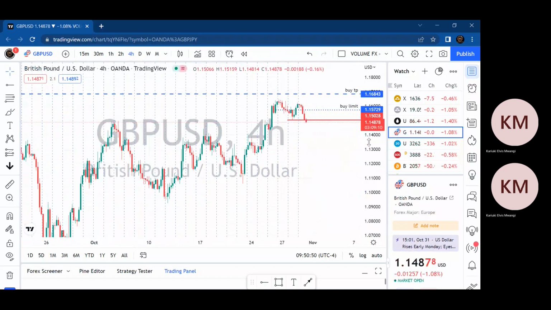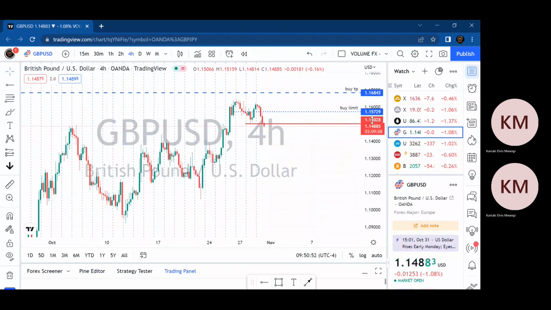You realize something, you're going to go in terms of pips. My entry price was 1.1572. My stop loss was at 1.1502.